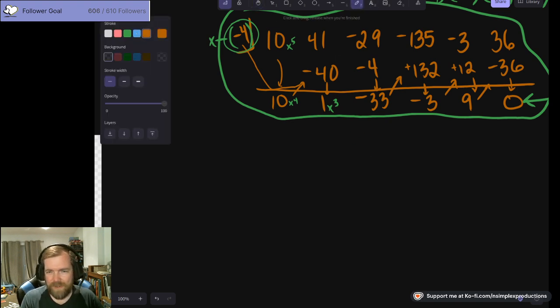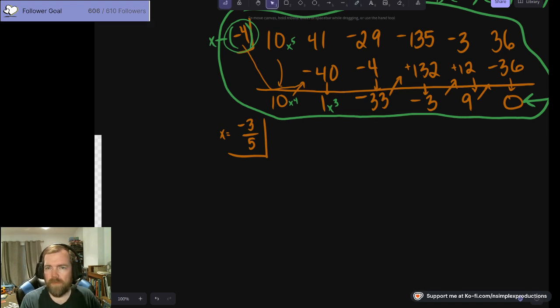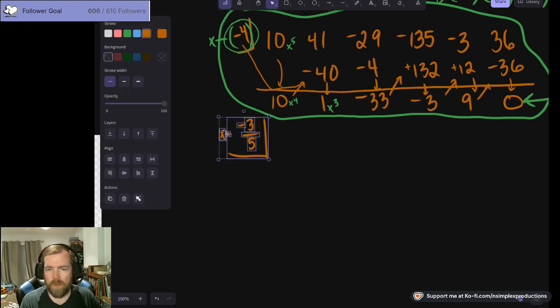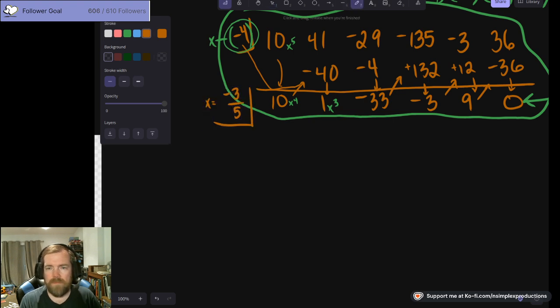All right, so x equals negative 3/5 is going to be applied to the quotient from the previous division, so it's this one, which means that we could just immediately write everything one line down.